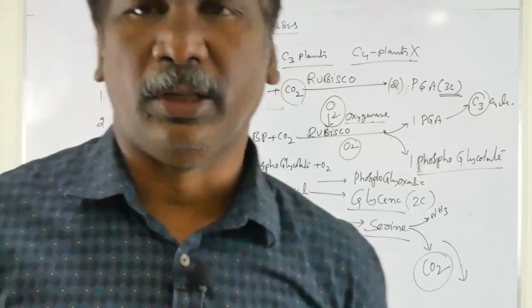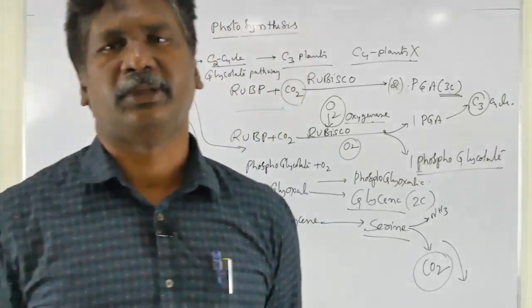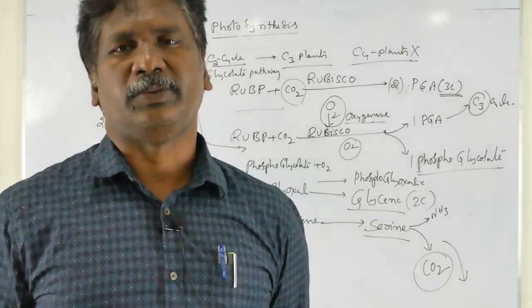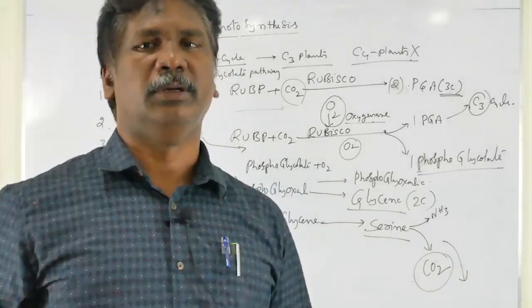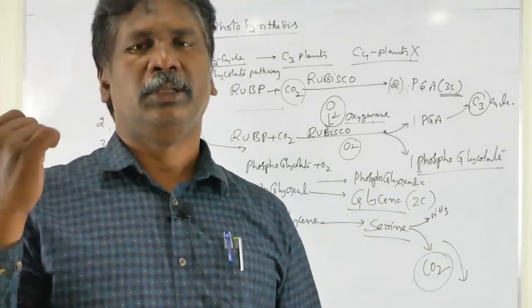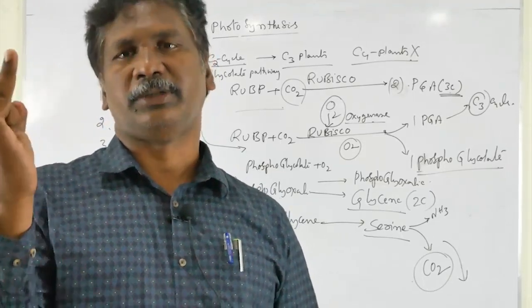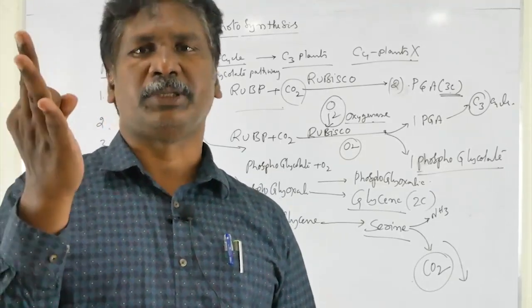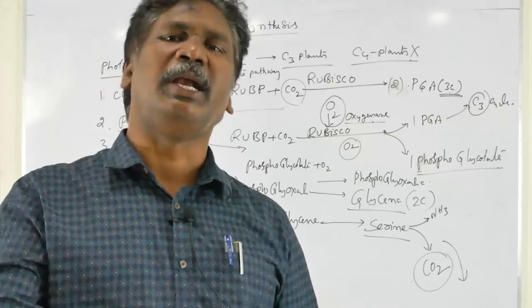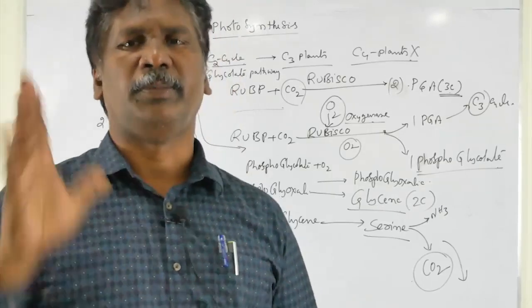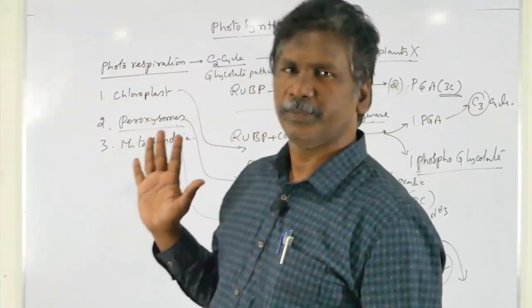It is one of the wasteful processes in C3 plants because there is no production of glucose, no production of ATP, no production of NADPH, and it utilizes ATP for its metabolic activity.